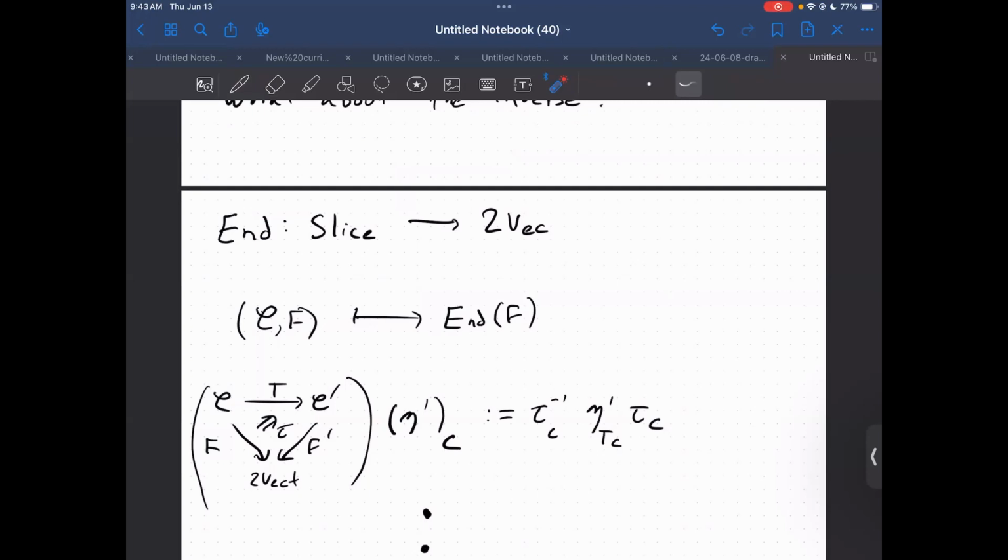This is the reconstruction statement. This is a functorial and monoidal version of the statement that every fusion 2 category is modules for an algebra. Okay, so I have something that lives in the endomorphisms of this functor.